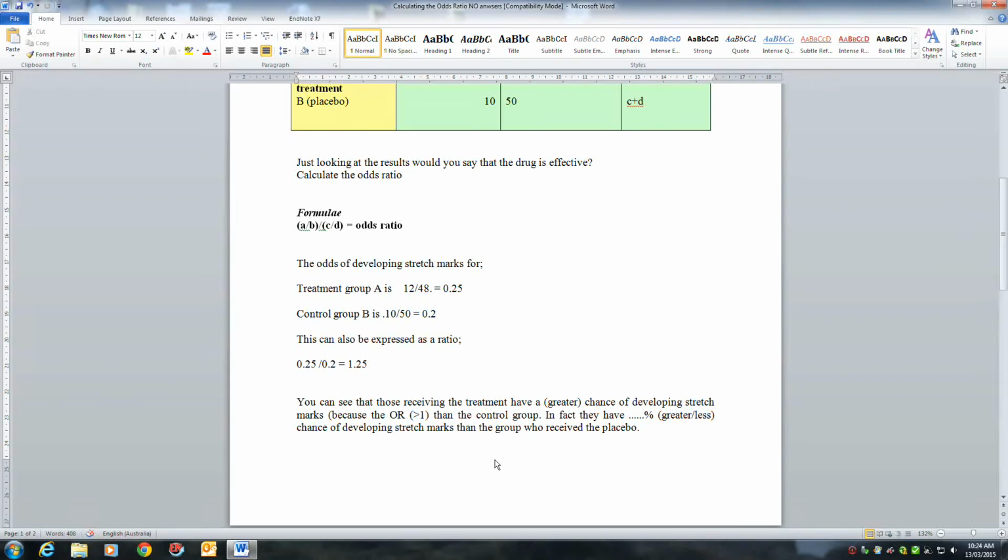How much greater chance do they have? Well, you remember that 1 is the line of no effect. It makes no difference. So how far away is this from 1? It's about 0.25, which is actually 25%. So we can say that they have about a 25% greater chance of developing stretch marks than the group who received the placebo.